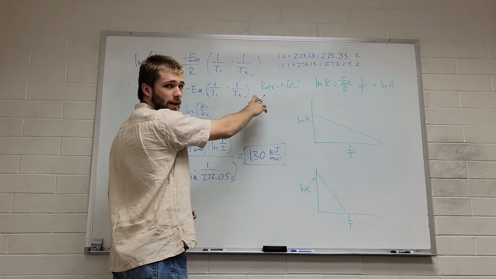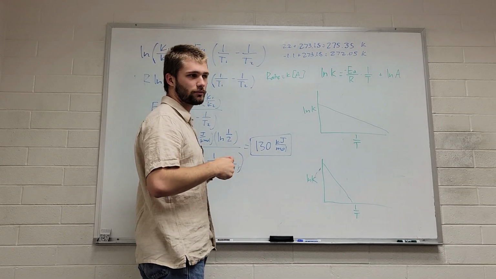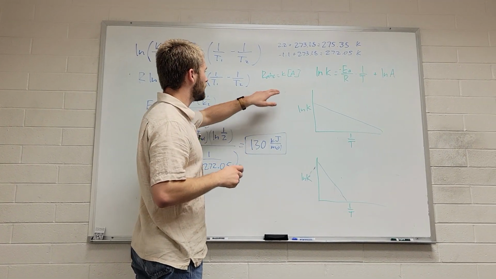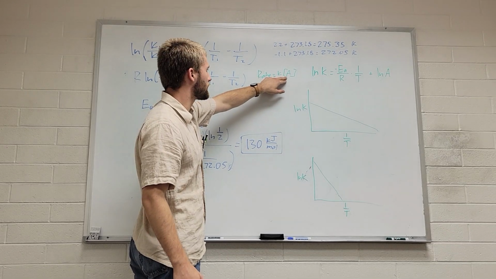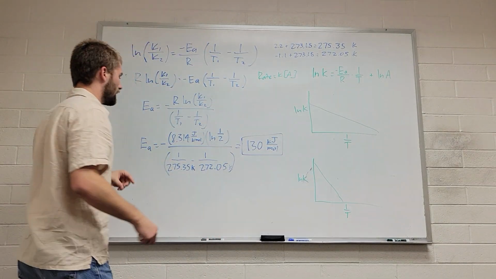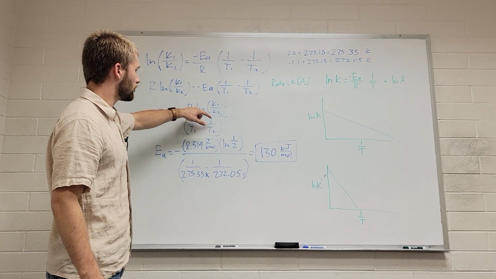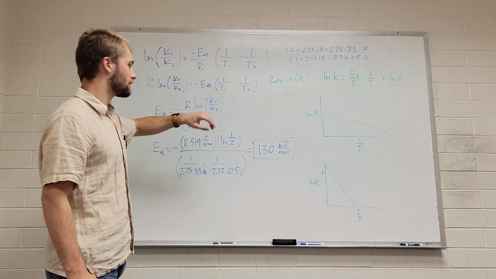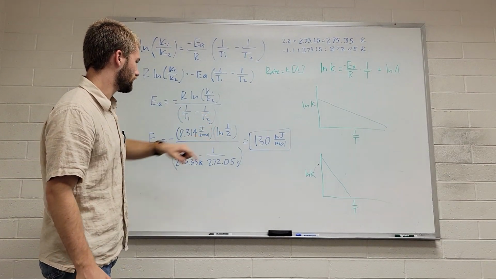Because the rate is twice as fast, and the concentration isn't changing, if you double the rate, you're going to be doubling the rate constant. So we know that if the rate is twice as fast, then the rate constant is going to be twice as fast as well. So we got natural log of K1 over K2 is natural log of 1 over 2.